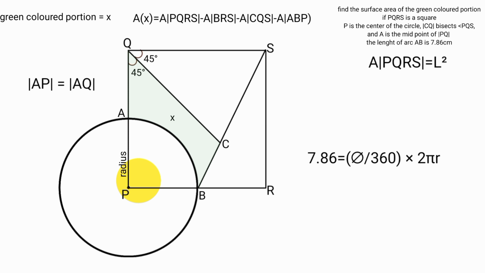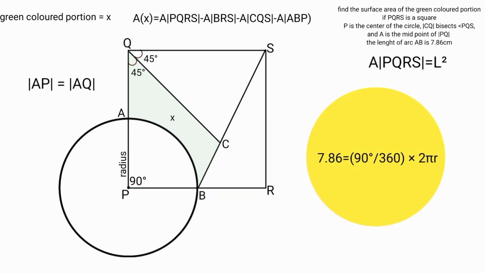And we already said earlier that the angles of a square are right angles, which means this here is a right angle. So therefore, theta equals 90 degrees. Pi here is 22 over 7. So 7.86 equals 90 over 360 times 2 times 22 over 7 times r.